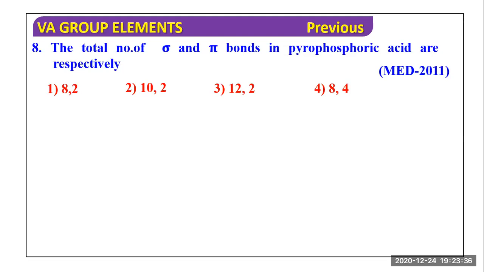The P-O-P bond is there and 2 pi bonds are there because phosphorus-oxygen has 2 double bonds. And you can count it: 1, 2, 3, 4, 5, 6, 7, 8, 9, 10, 12. That is 12.